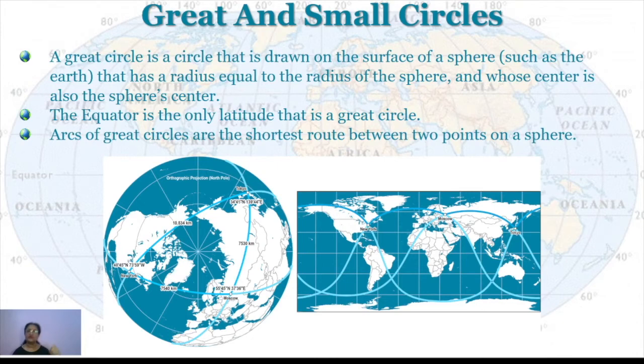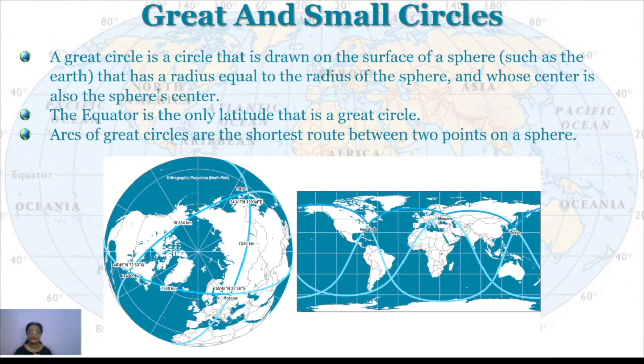It always has the same center as that of the sphere. So keeping that in mind, we can say that out of all the latitudes, only the equator is a great circle. All the rest of the latitudes belong to the other category, that is small circles, because they are not drawn having the same center and the same radius as that of the Earth.